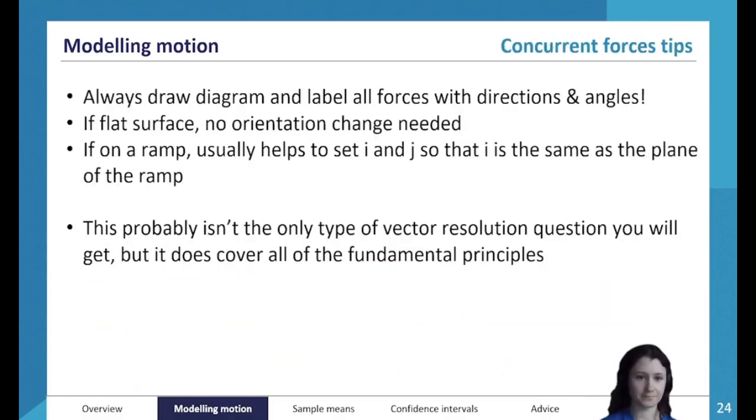Alright, so just some tips with modelling motion. Always draw diagrams and label all forces with directions and angles. If you have a flat surface, there's no orientation change that you need to make. But if you're on a ramp, it usually helps to set out i and j so that they're on the same plane as the ramp. You can rotate those axes. It makes things a lot easier.